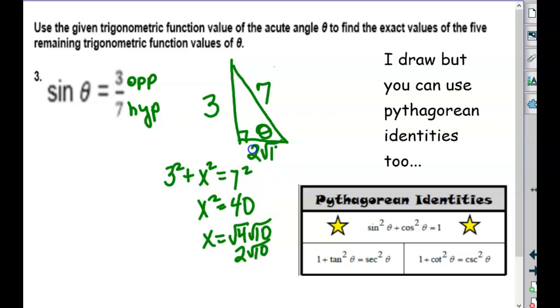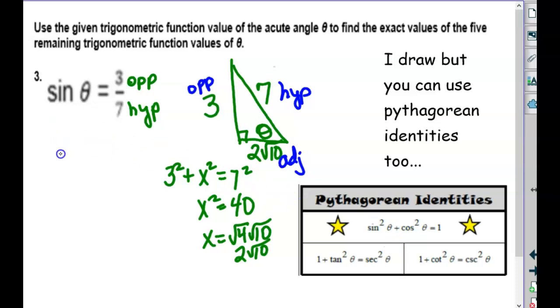Someone else get that? Okay, then I get to label them, because that would help me this moment. This one is opposite, this is hypotenuse, and this is adjacent. You can use these identities if you have them memorized, but I would much rather draw.